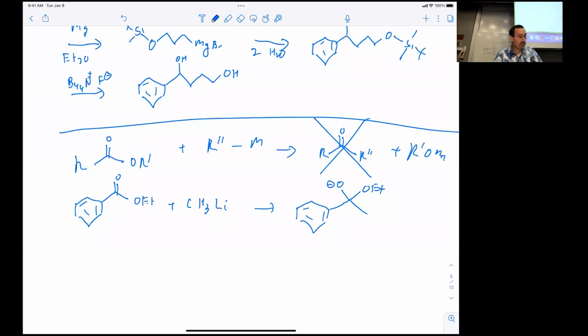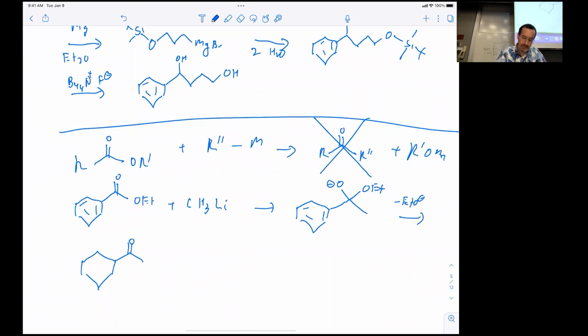I'm not writing all of my curved arrows because by now you're good at this. That tetrahedral intermediate breaks down. We lose ethoxide anion, EtO minus. And at that point, we get to the ketone, acetophenone. But as I just said, the ketone is more reactive.